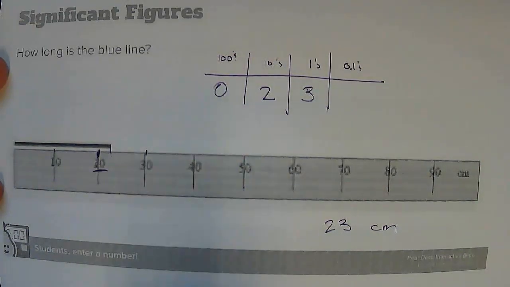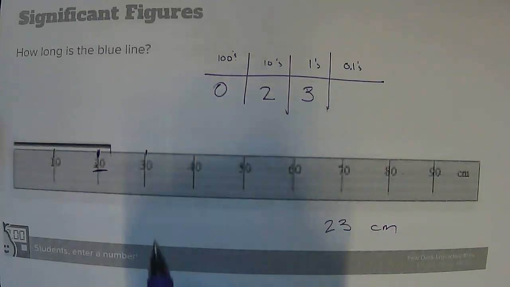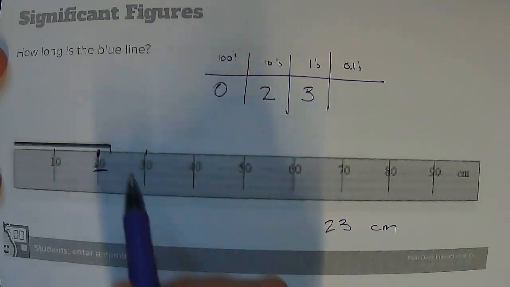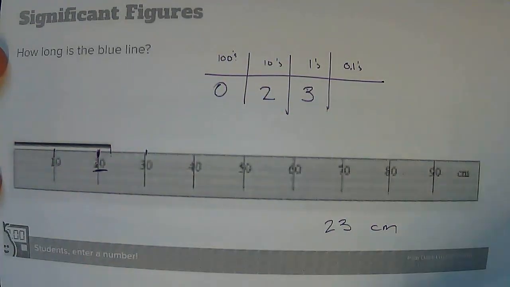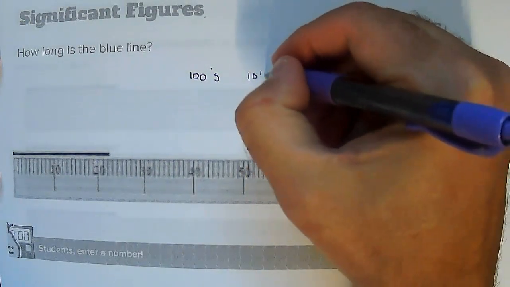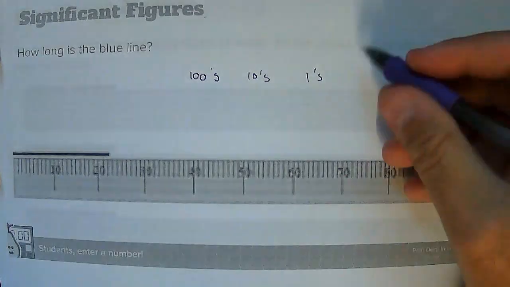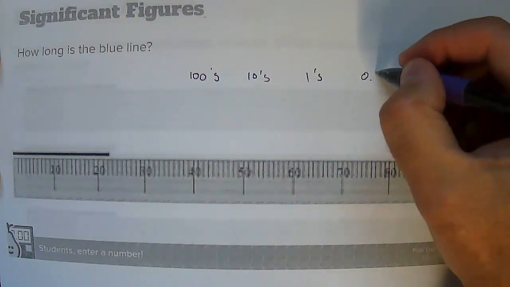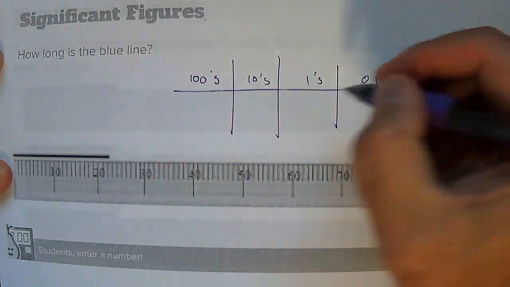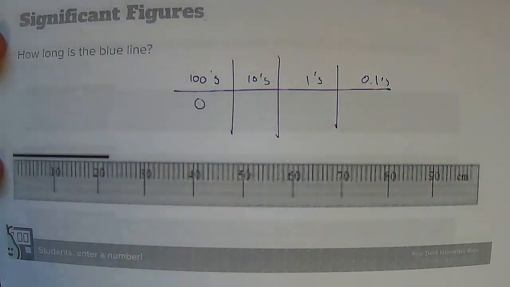But it doesn't give us a super accurate answer, because we could probably make more tick marks, more lines for the scale, to help us get an even more accurate answer. So now, again, with this place value chart, hundreds, tens, ones, and tenths, we know it has 0 hundreds.